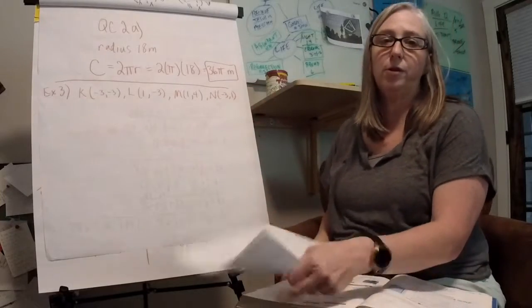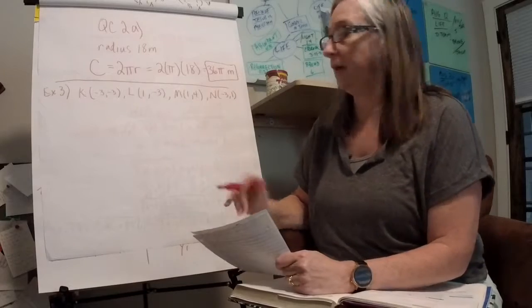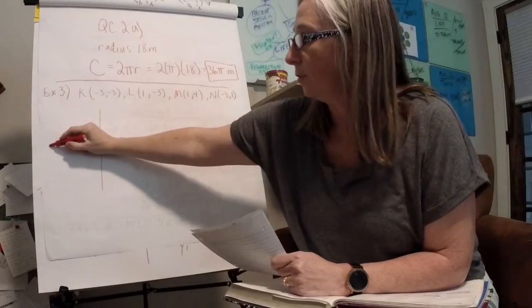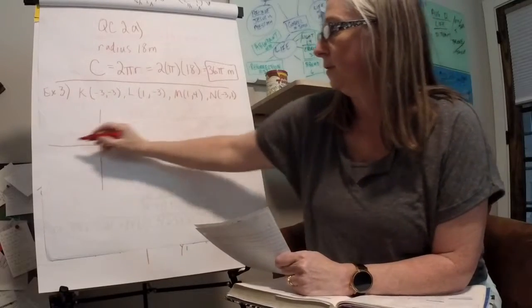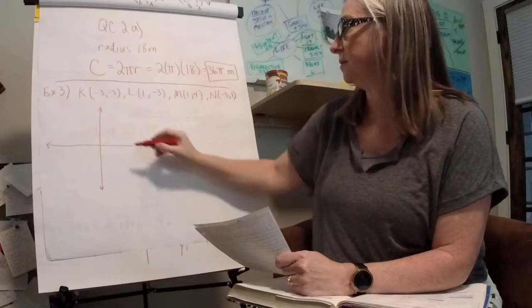So the first thing I'm going to want to do, normally I would have graph paper just to make sure that it's really neat. I don't have it right now, so I'm going to draw my own. Each line is going to be one space.